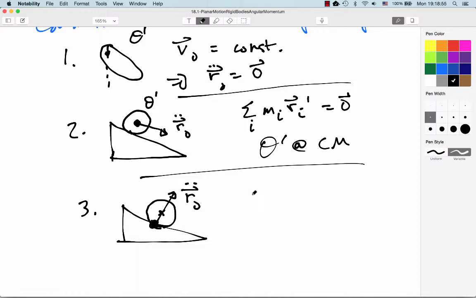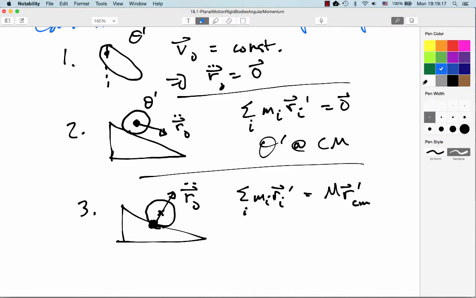Well, in that case, our sum over i of m_i r_i prime will equal M times R_CM prime. That points at the center of mass, and so this is parallel or anti-parallel to that.